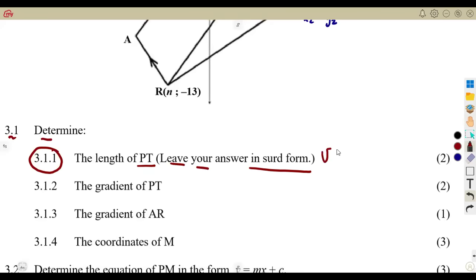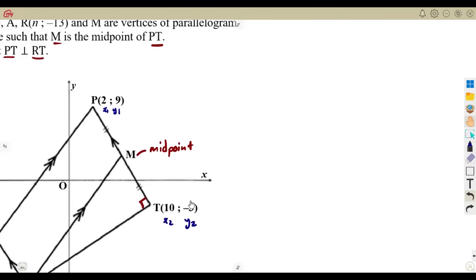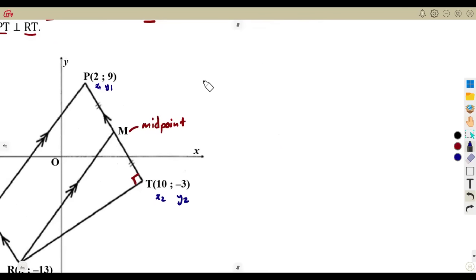So there we obtain the square root of 208, or 4 square root of 13. You can write it as 4 square root of 13 if you want. 3.12, the gradient of PT, still on the line PT that we are given. This time we need its gradient. So remember, for the gradient of a line, you simply need the change in y over the change in x: y2 minus y1 over x2 minus x1.